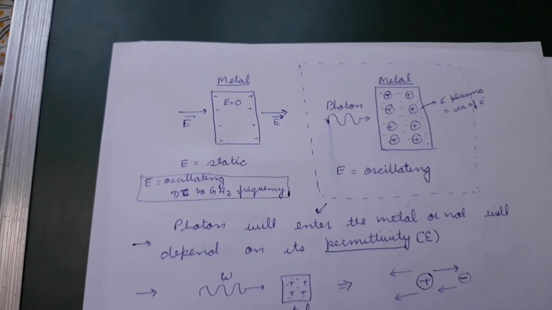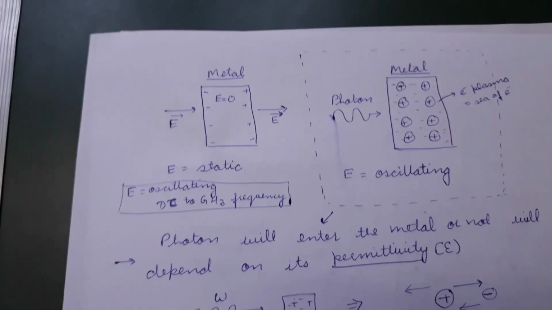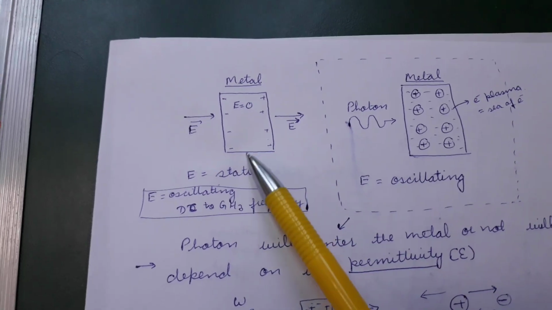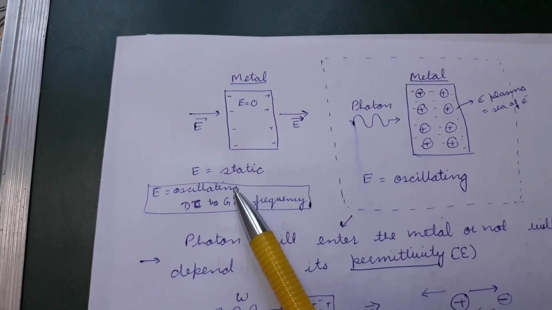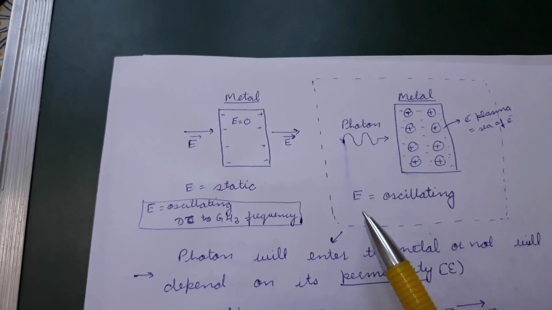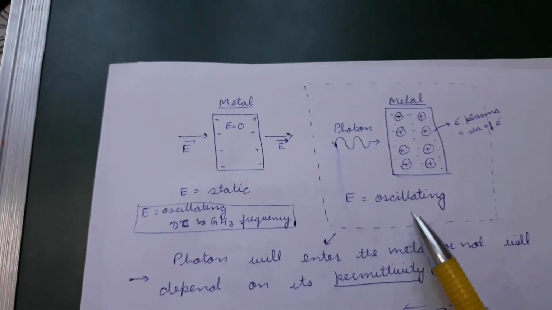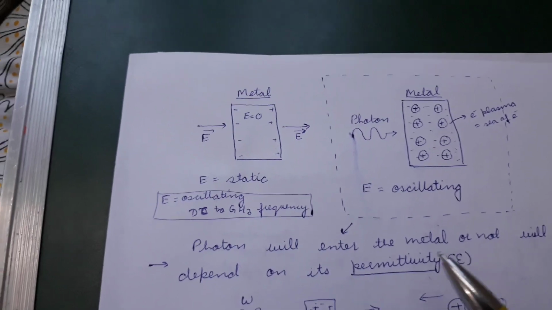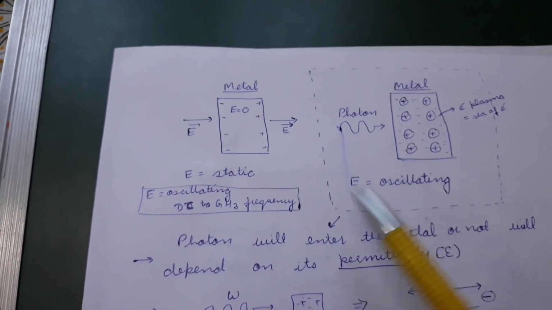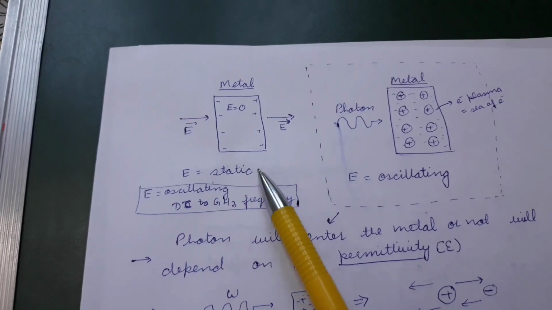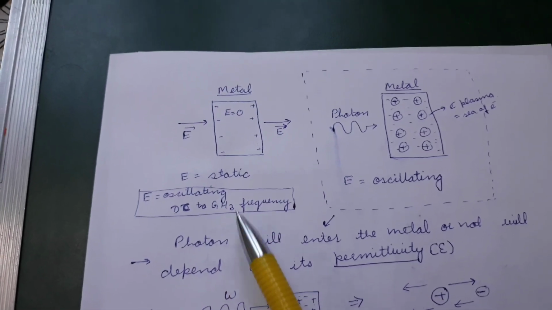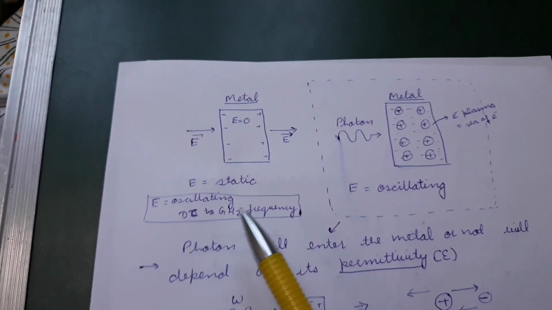It doesn't penetrate the metal. This happens when the electric field is static. If the electric field is oscillating, then different conditions will take place. The electric field will not penetrate the metal if it is static or oscillating at a lower frequency, from DC to gigahertz frequency.